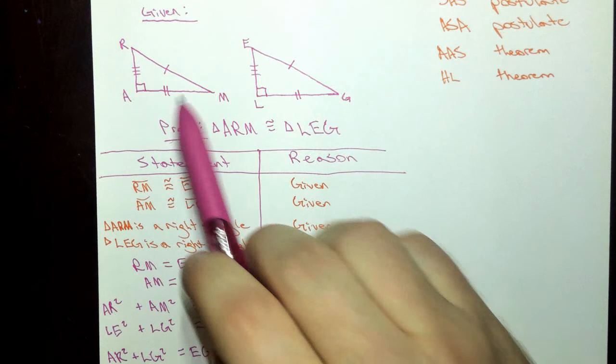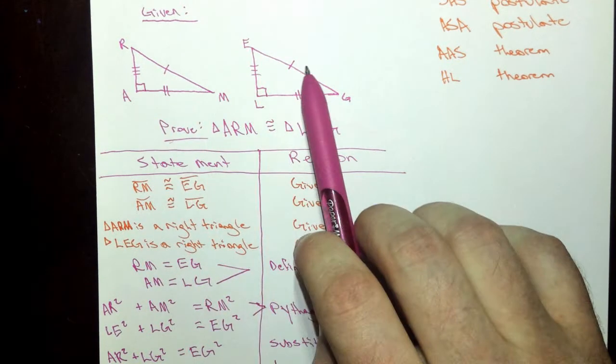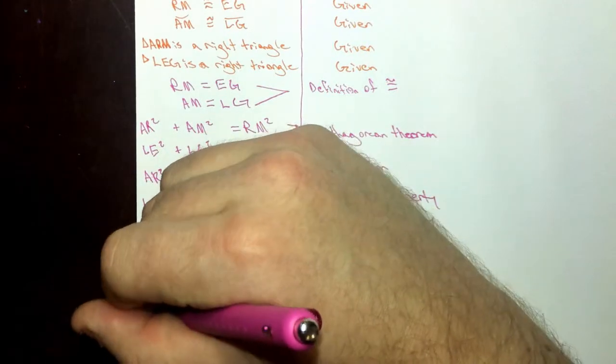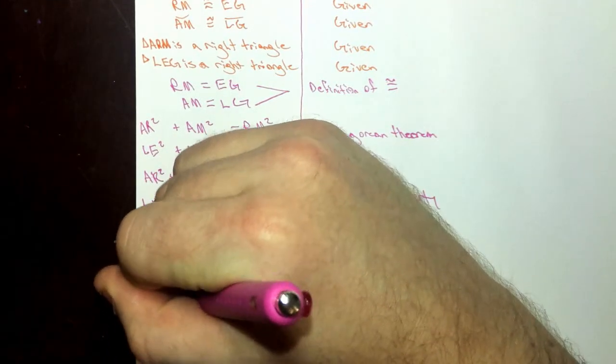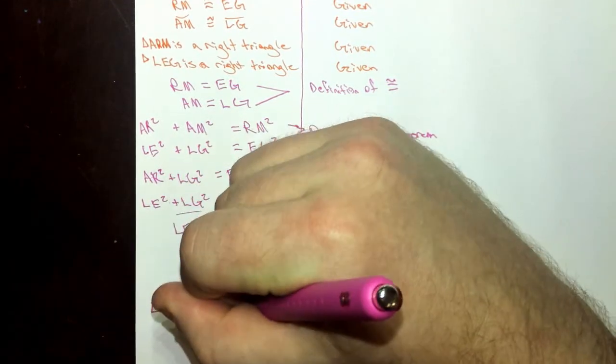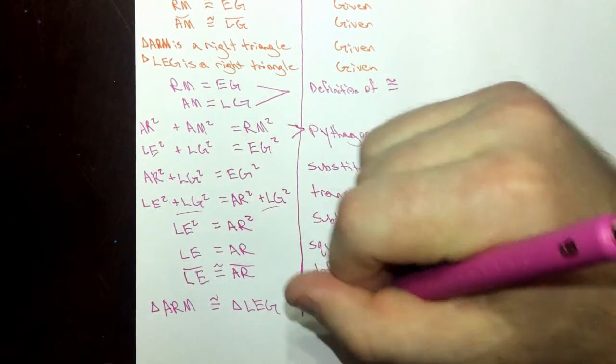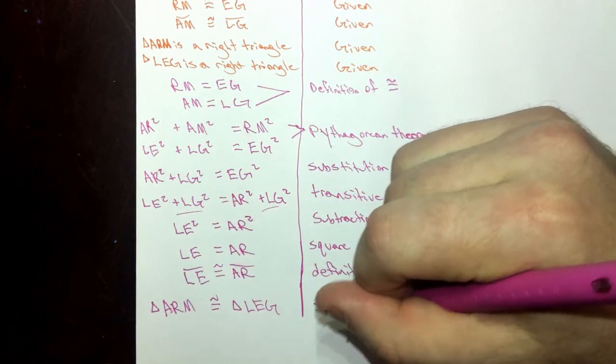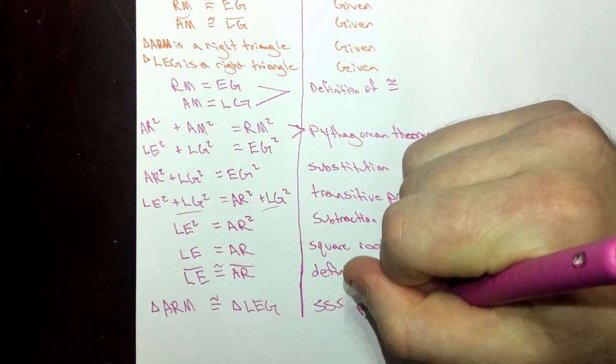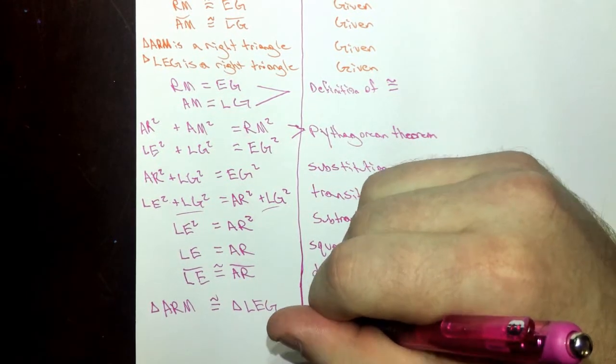Right, and now I've got all three sides in one triangle being congruent to all three sides in another triangle. So I can now say that triangle ARM is congruent to triangle LEG by the side, side, side postulate. And the proof is complete.